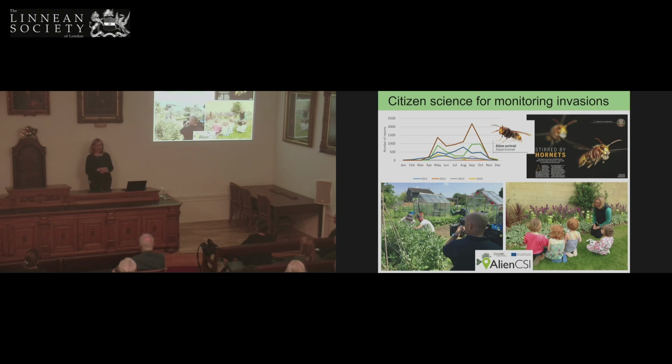We've now had about 8,000 suspected sightings, but we've only had about 15 actual sightings of the Asian hornet. I think it's fantastic that we're able to pull out that very low number of actual sightings amongst that huge number of other reports, but it is extremely time-consuming to go through all of those reports.